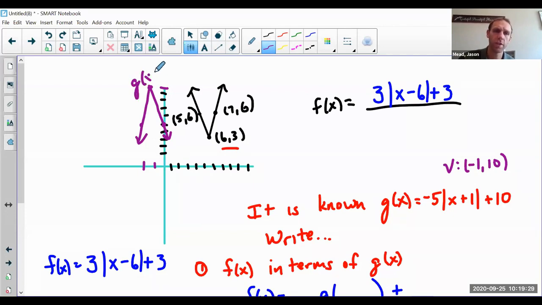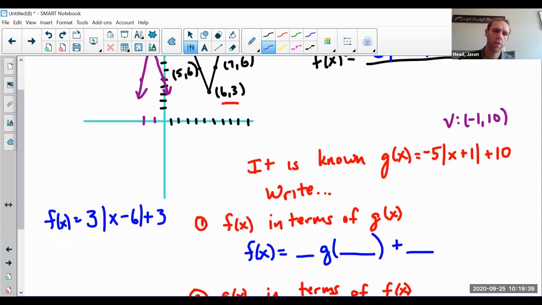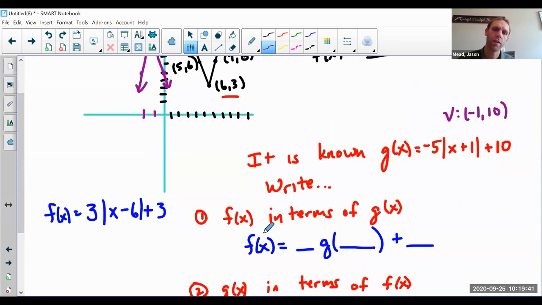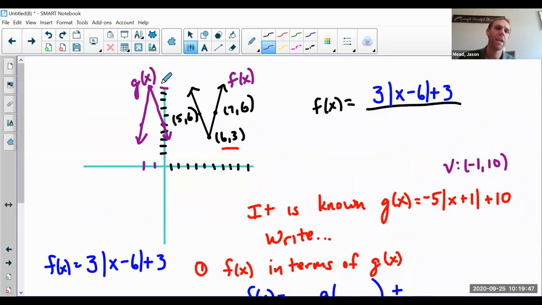So this is g and this is f. Okay, so what do I have to do to the x values to get from g to f? Because that's basically what's happening. If I'm writing f of x in terms of g of x, I have to take g and turn it into f.